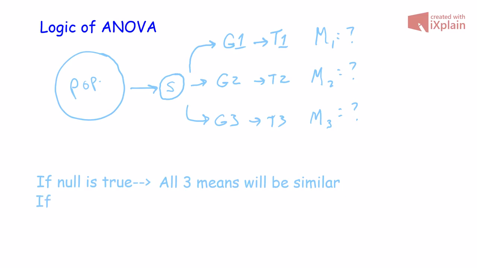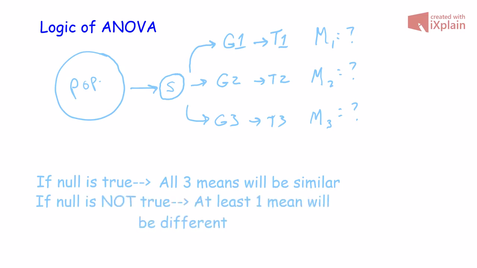Well, of course, the research hypothesis is saying that the null is not true. And in order for us to reject the null, it just has to be the case that any one of these 3 means has to be different from any one of the others. Now, when you've got 3 means, there's actually, excuse me, 3 comparisons that are possible here. You've got 1 and 2, 2 and 3, and then 1 and 3.